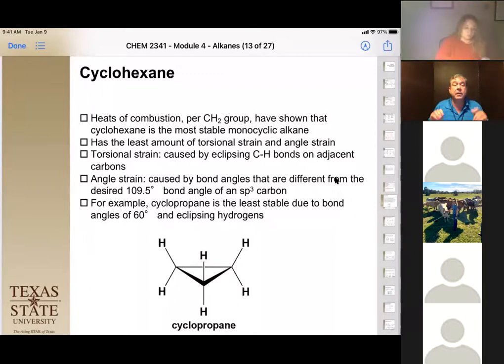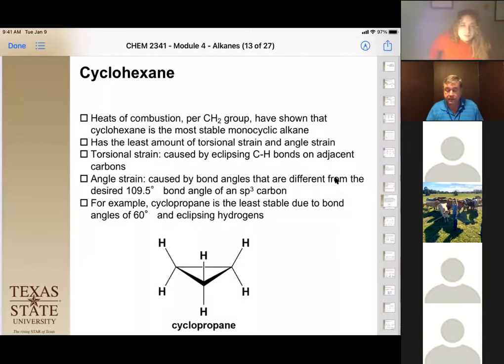And it's because when we draw a Newman projection, we're going to see that we don't have any eclipsing hydrogens on any adjacent carbons, right? So when we can get to that full staggered configuration, we're going to see that has less potential energy. Now, any bond angle less than 109 degrees adds strain to the system.